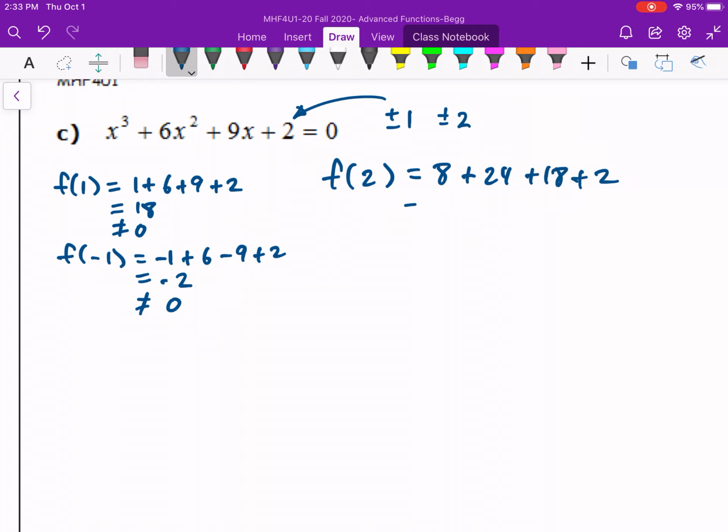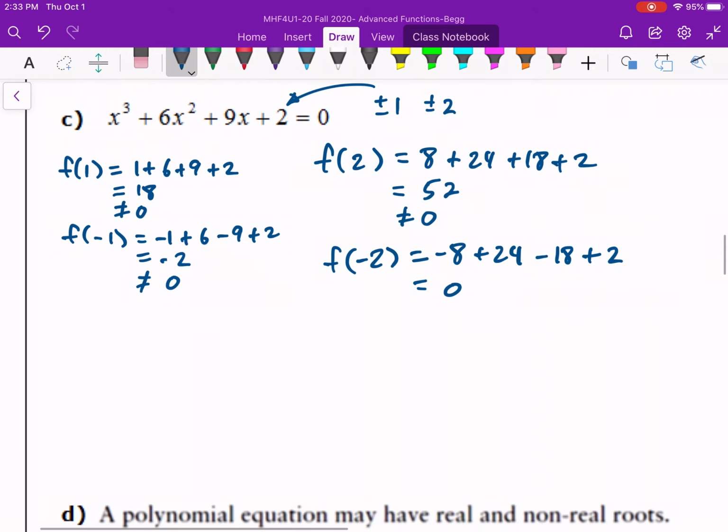Well, that's not looking good. I think that's 52. Well, the only thing left, if there's going to be a factor, the only one left that it might be is negative 2. If I put that into the function, that does equal 0.